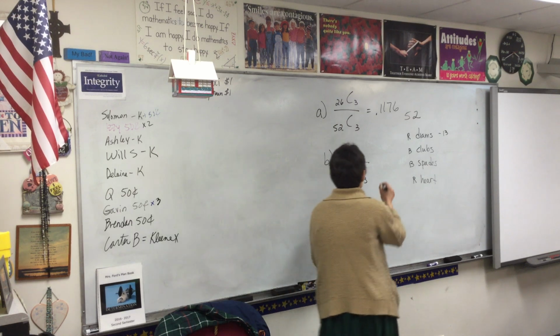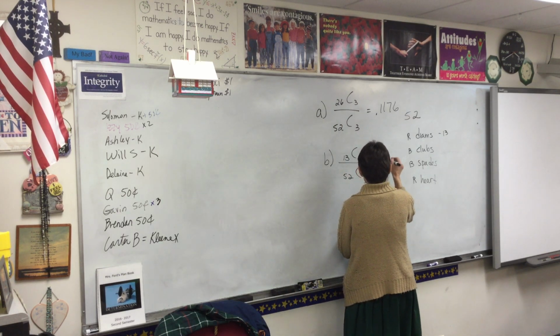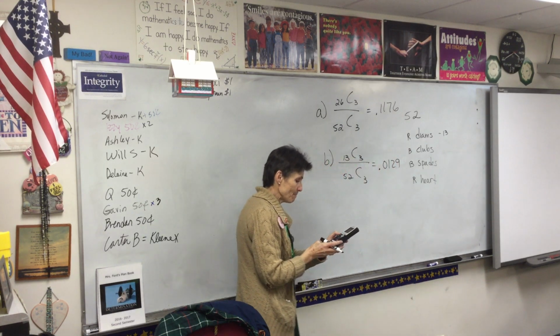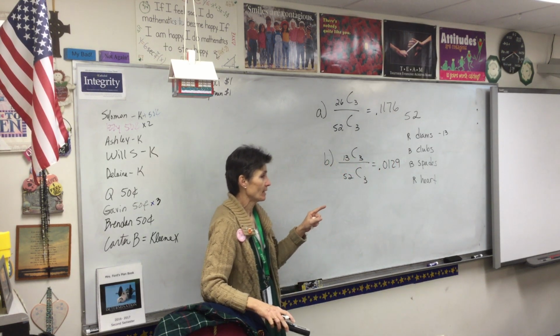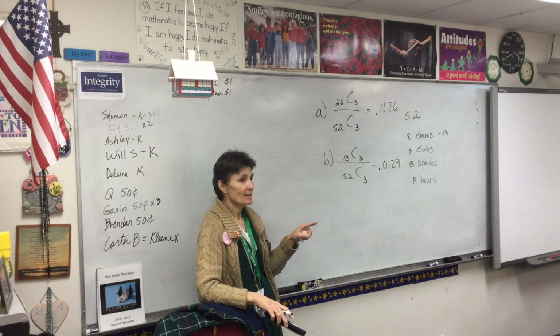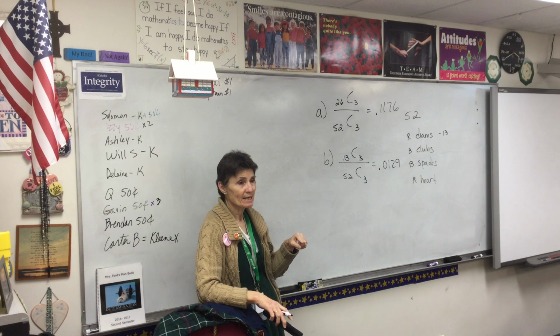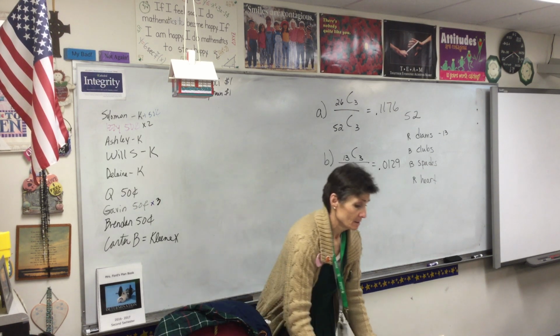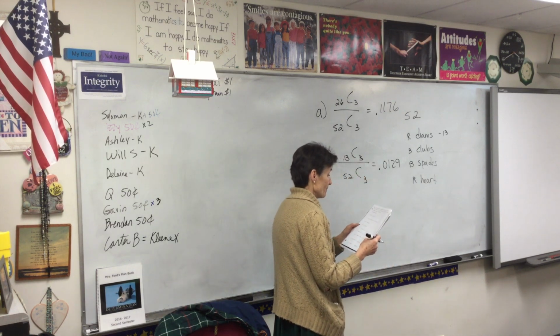Did you get 0.0129? Yeah, I did. So that means, those of you that are gamblers out there, that there's only a 1% chance that if you grab 3 cards, they'll all be diamonds, right? That's not good odds. Don't spend a lot of money.